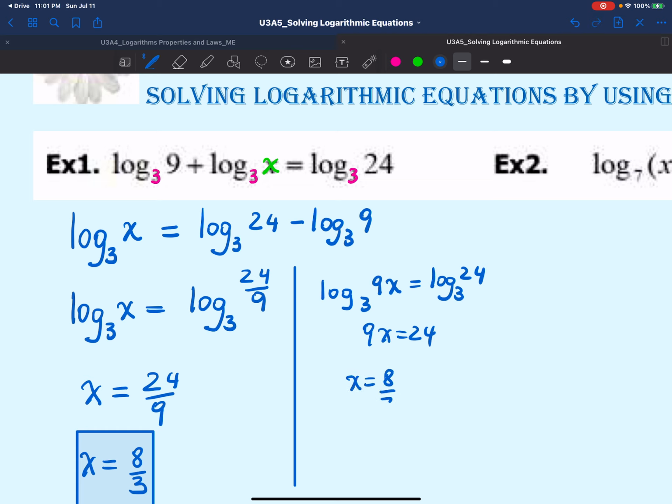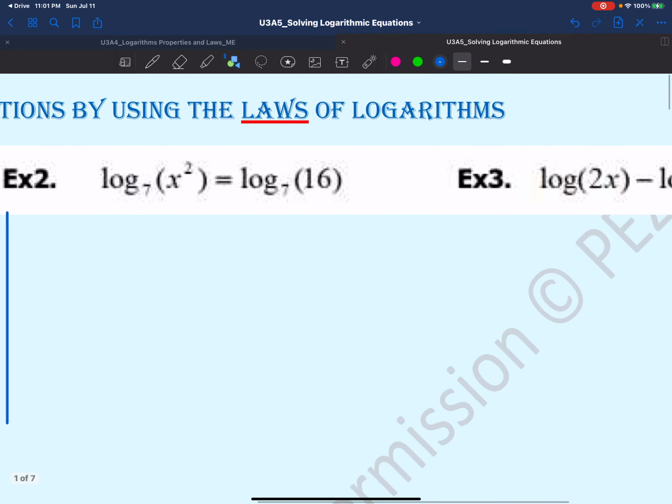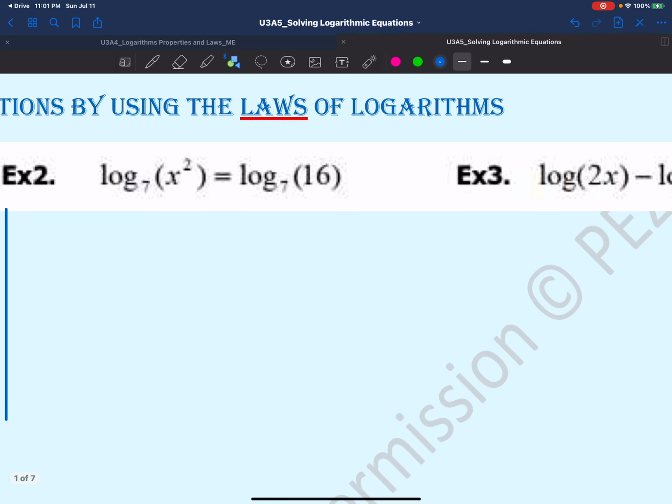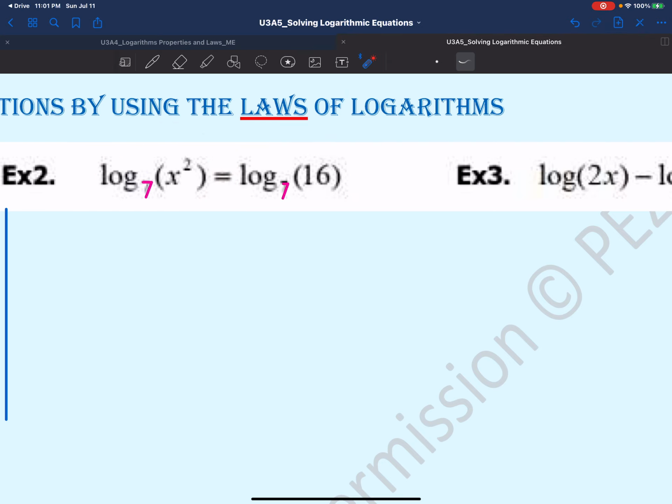which is x equals 24 over 9, or x equals 8 over 3. Moving on to the next example, we have log with base 7 of x squared equals log with base 7 of 16. So we have one log term on the left and one on the right side of the equation, and both have the same base, which tells us that x squared must equal 16.